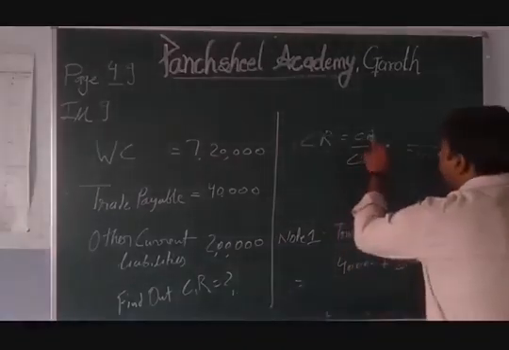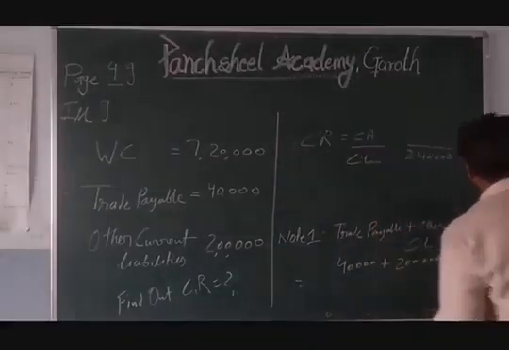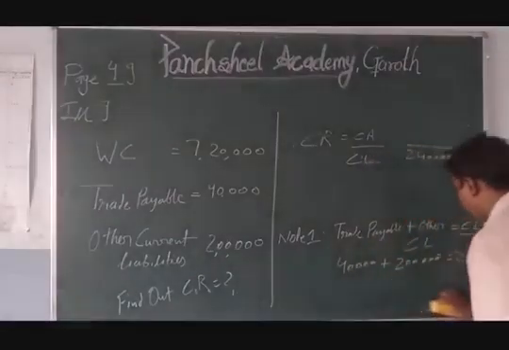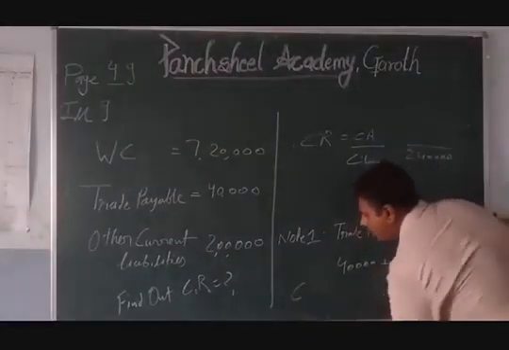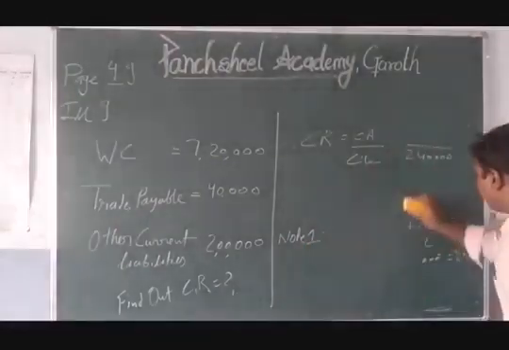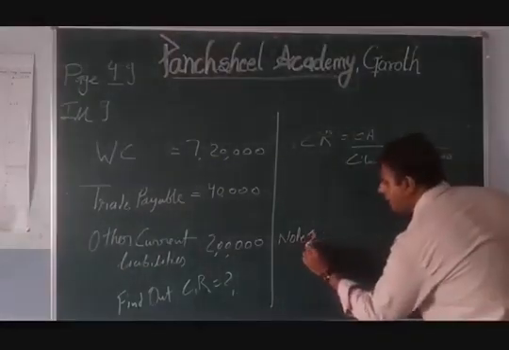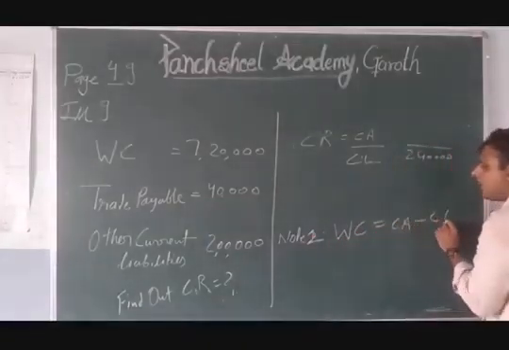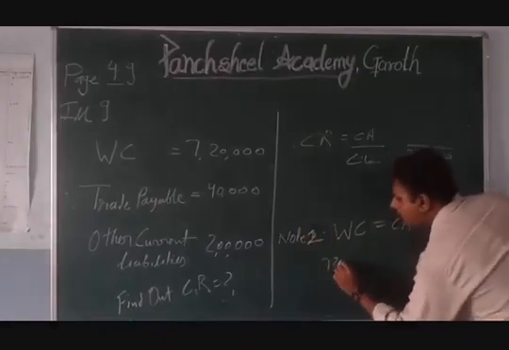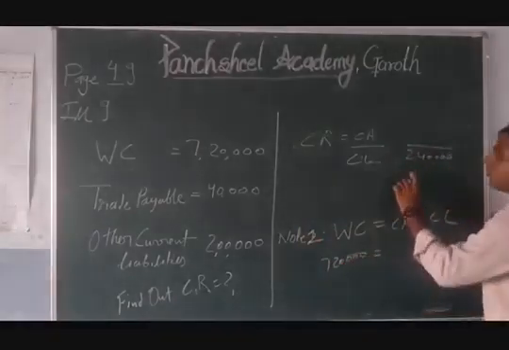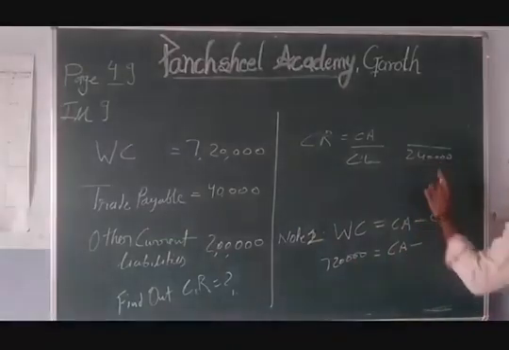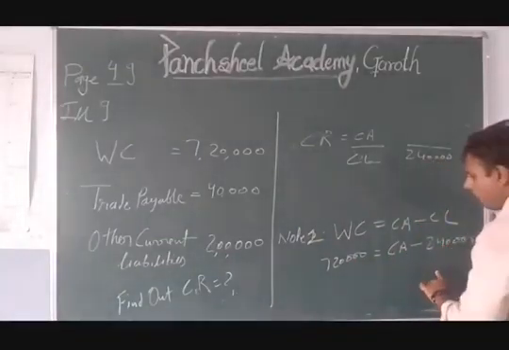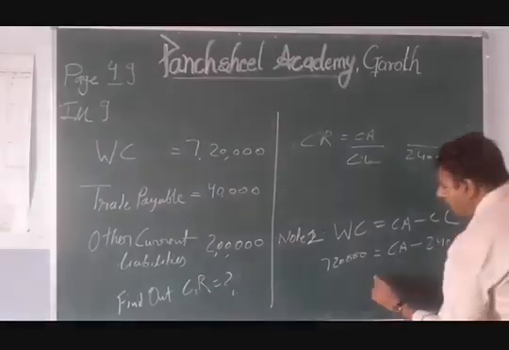Now, we want current asset. How to find current asset? See here on the blackboard. As we know the formula, working capital is equal to current asset minus current liability. Working capital is given 7,20,000 is equal to current asset, as it is, minus 2,40,000, that current liability. Now, what we have to find out is current asset.